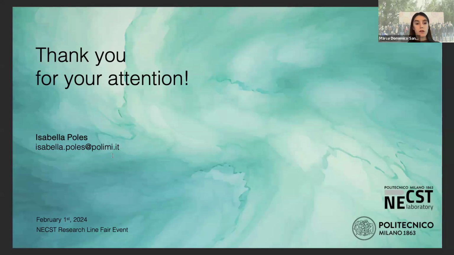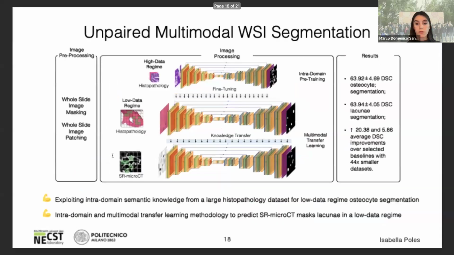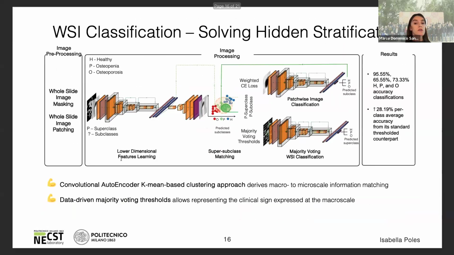Okay, yes. So starting from the weights for our cross-entropy loss, I tried to exploit those correct matches between the subclasses and the superclasses during clustering.